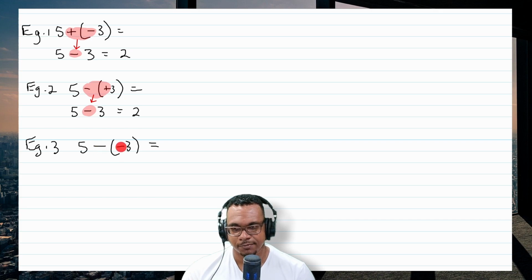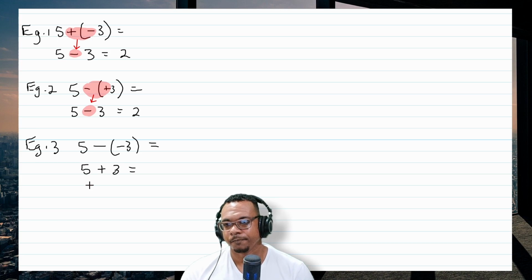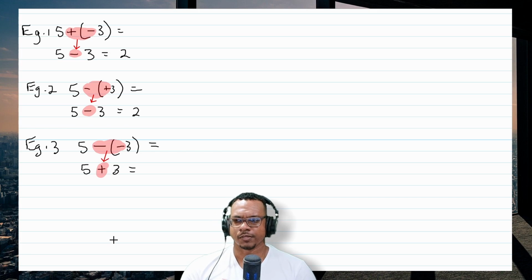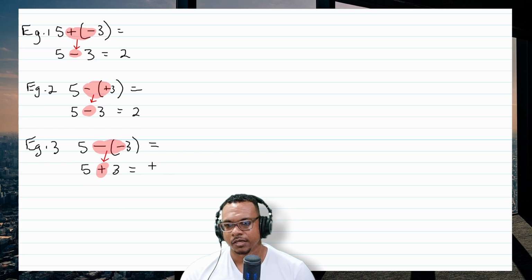So negative times a negative is a positive. So you're going to get 5 plus 3. All right, so I'll highlight that. So these two signs combine to give you this one sign. Okay. So, well, 5 plus 3, that's 8. All right, so the answer is 8.